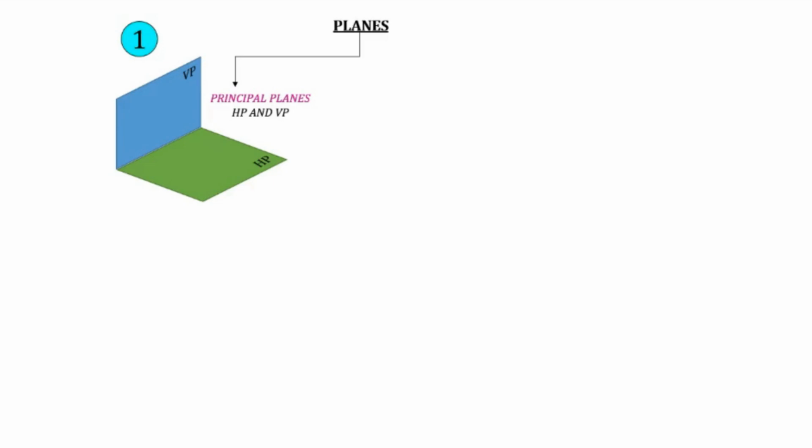In most of this presentation, the blue plane represents the vertical plane and the green plane represents the horizontal plane. So these two are the main planes that we will be considering.